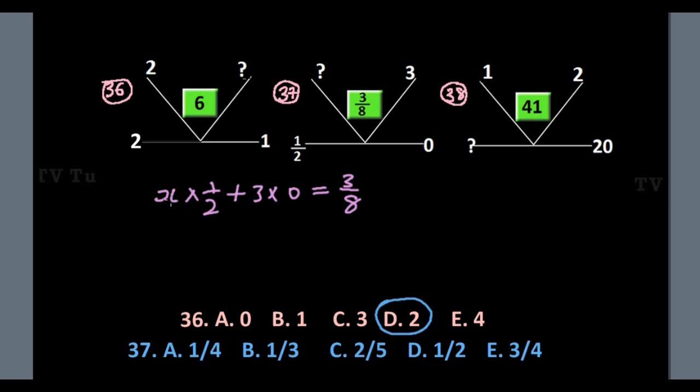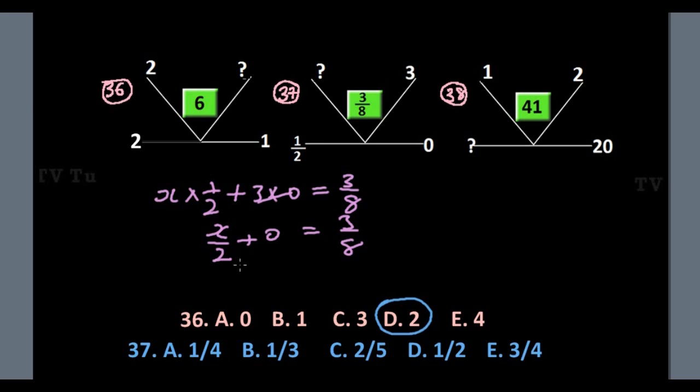Okay, so x times 1 over 2 will give us x over 2. Then plus 3 times 0 will give us 0. Okay, so 3 over 8.